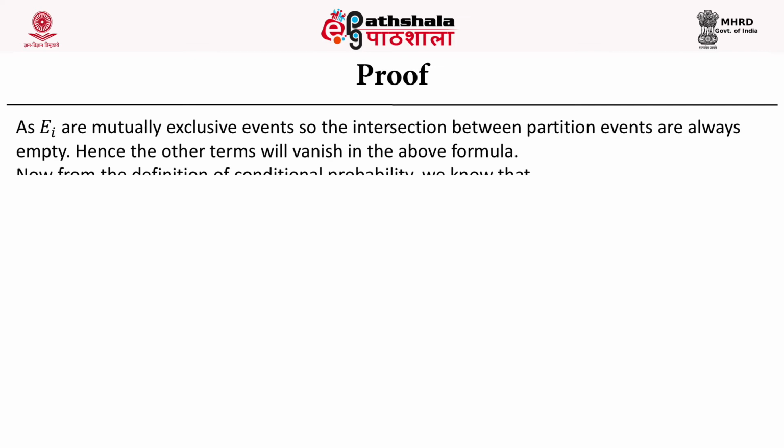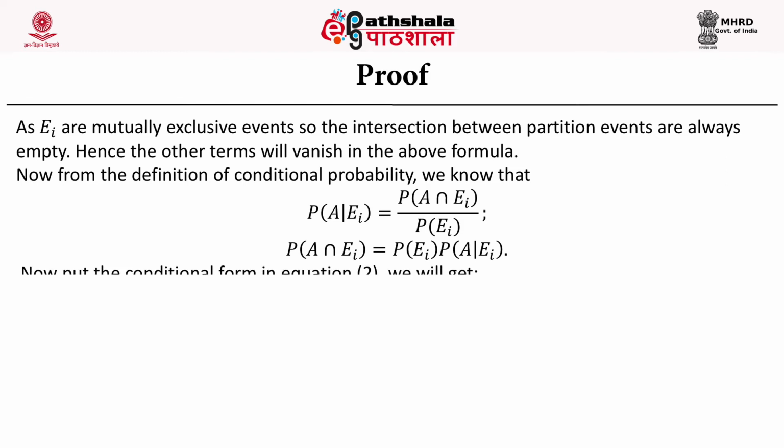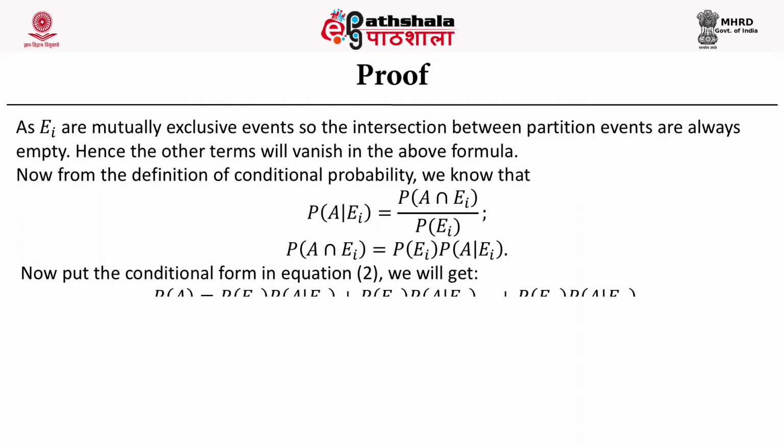Now from the definition of conditional probability, we know that probability of A given E1 is equal to probability of A intersection E1 divided by probability of E1. So this result comes from the basic definition of conditional probability. Now we can write it down as probability of A intersection E1 is equal to probability of E1 and probability of A given E1.